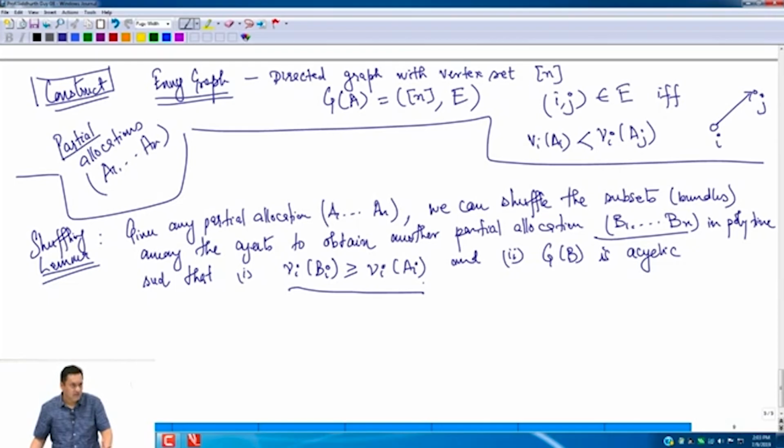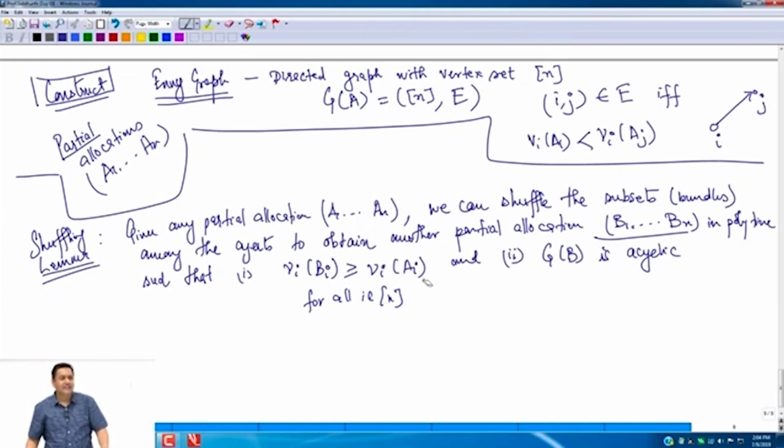If it does change, say agent 7 receives the bundle of agent 3, even after this shuffle happens, the value of the agent does not decrease. This is true for all agents i in N.